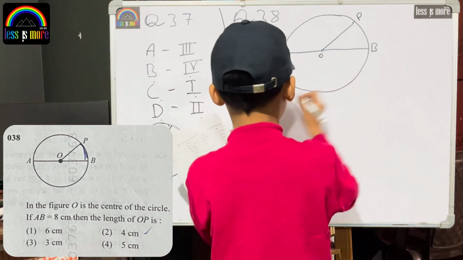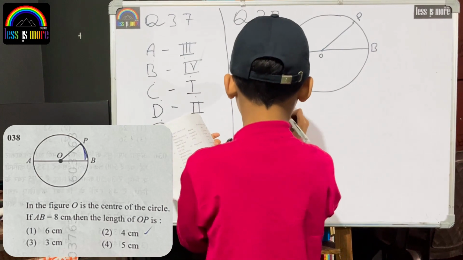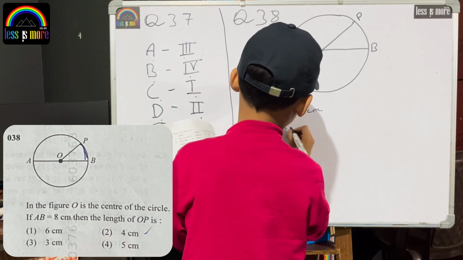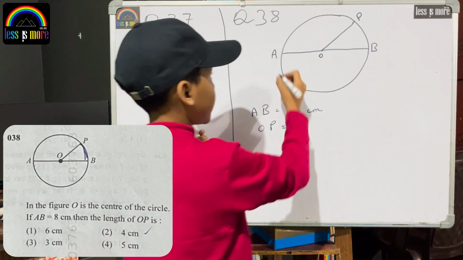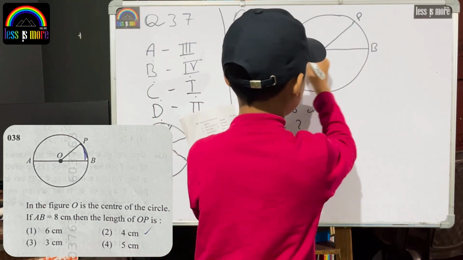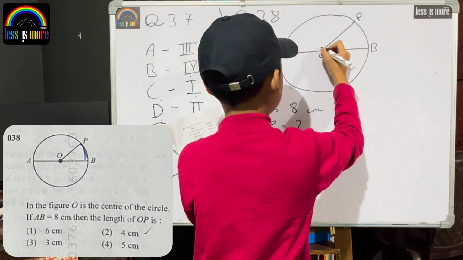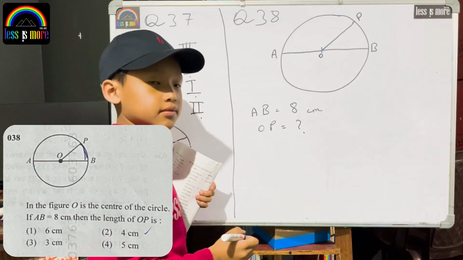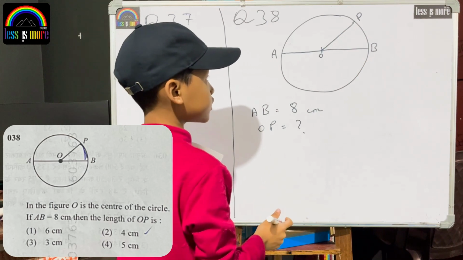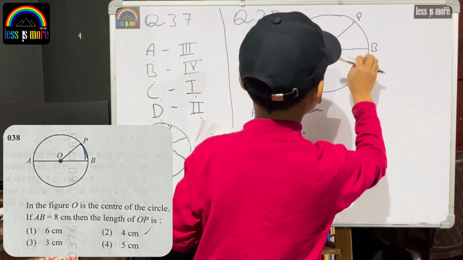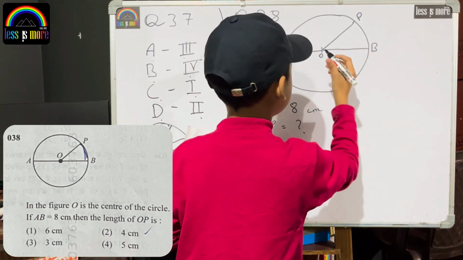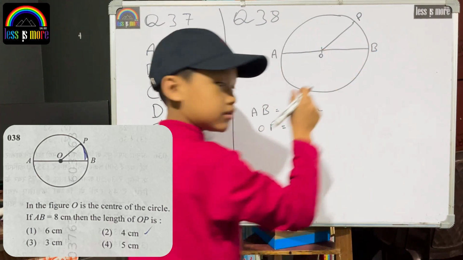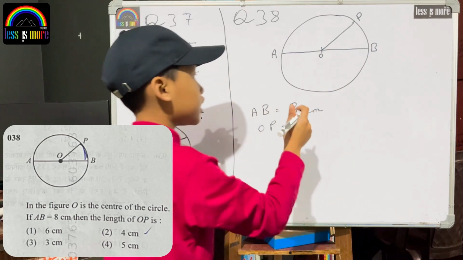So if AB equals 8 centimeters, then what will be OP? Since AB is the diameter, the longest chord, if I cut it in half, there will be two radii.